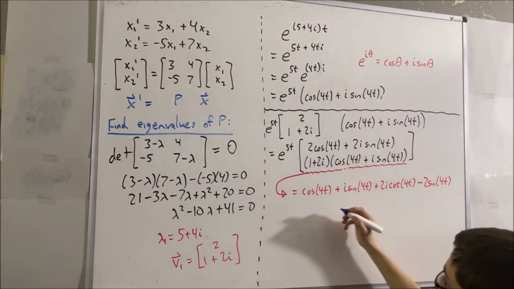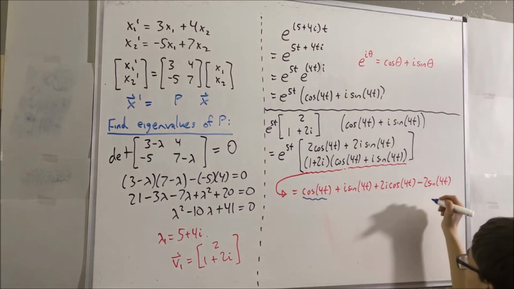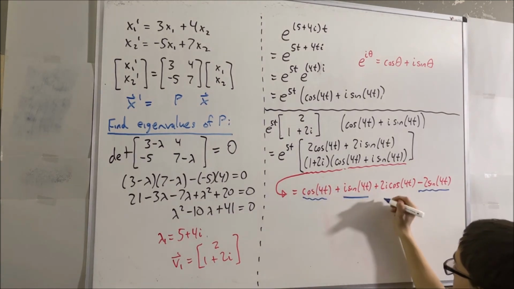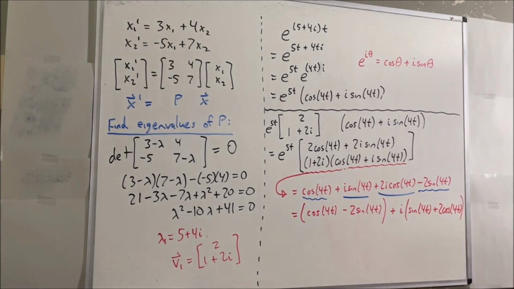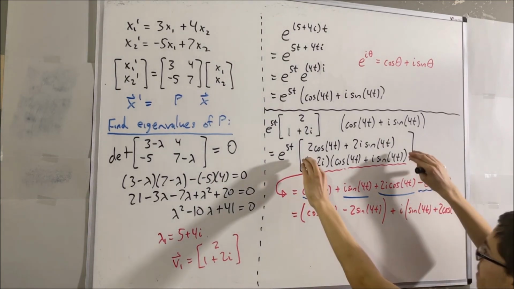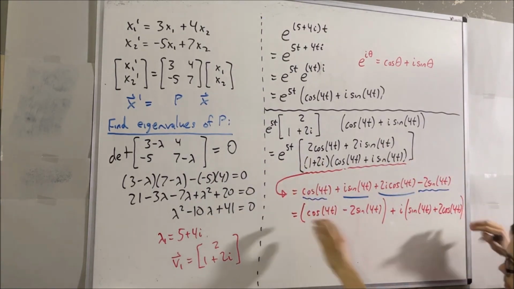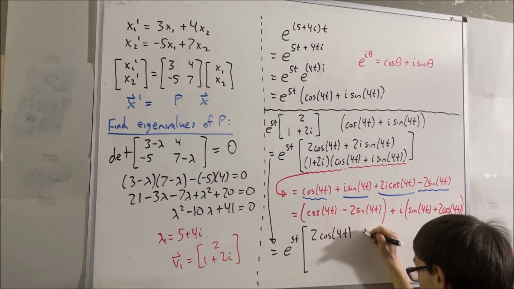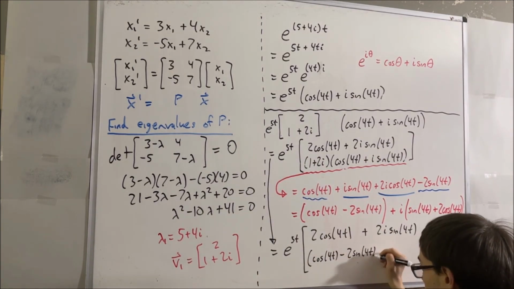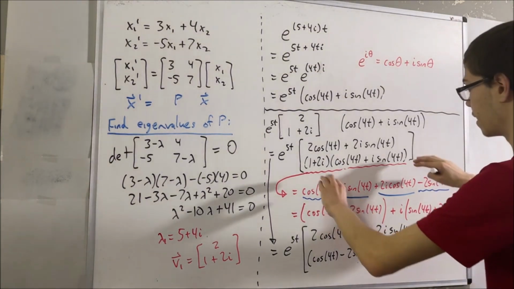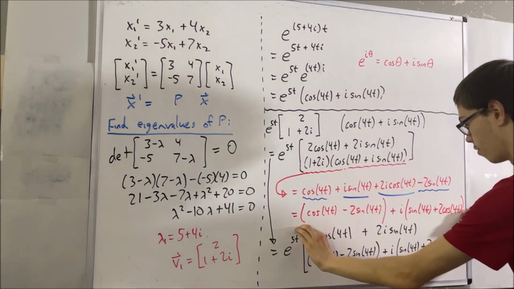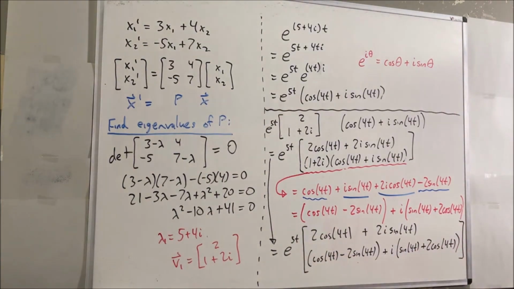At this point, I'm going to group together my real terms and my imaginary terms. And so this is what we have now. What that means is we can replace this thing with this. Right, so basically we replaced this with this, right? And that's what we have here now.